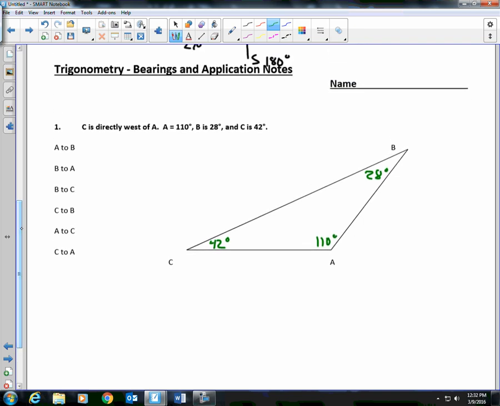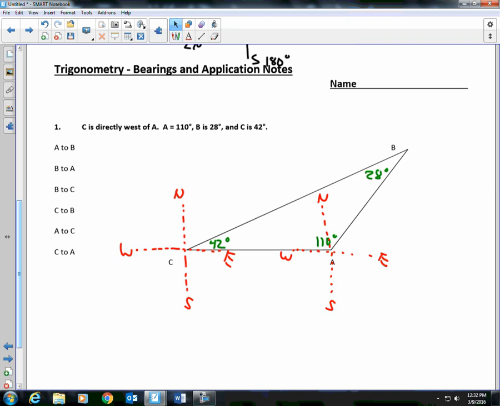We're going to start with two really easy examples here. We're going to look at the bearing from C to A, and the bearing from A to C. Now, the directions tell me that C is directly west of A. As I place this compass on here, I have north, east, south, west.